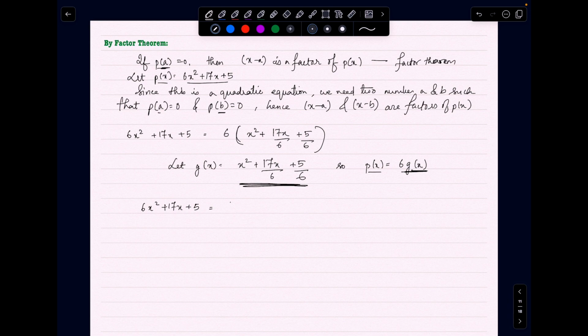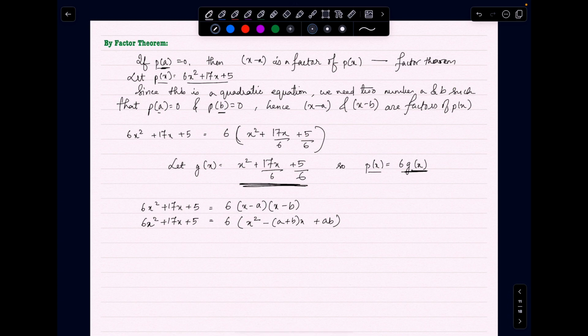I can write 6 into x minus A into x minus B, because x minus A and x minus B are factors of g of x. I am going to expand it. This is x square minus A plus B times x plus AB.